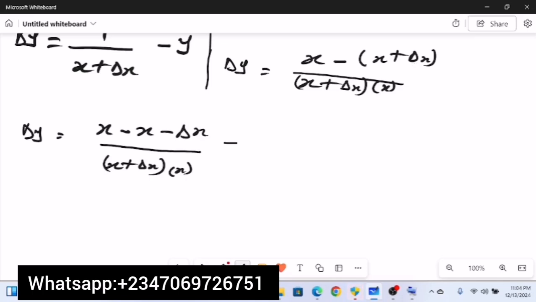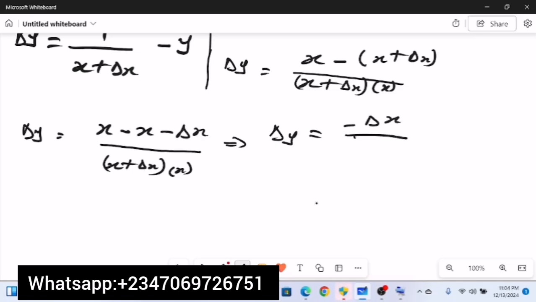So this simply implies that we are going to have change in y to be equal to, you observe here that x actually cancels x, so I have x minus x, that's off, so I am left with negative change in x at the numerator there. So I have negative change in x all over x plus change in x now multiplied by x.